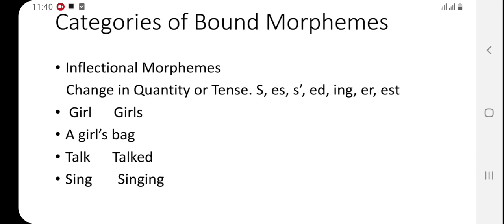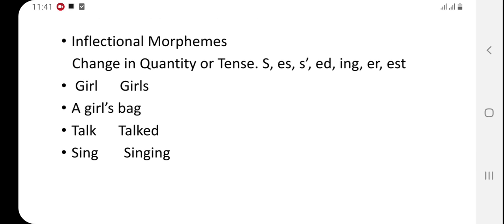And when we say a girl's bag, it is actually a possession. And when we add s to the singulars, it becomes plural. So the quantity of the product is changed or enhanced in a specific way. These are all inflectional morphemes. So keep in your mind, inflectional morpheme is the one where there is a change in quantity or tense. There is no change in grammatical category in inflectional morphemes.